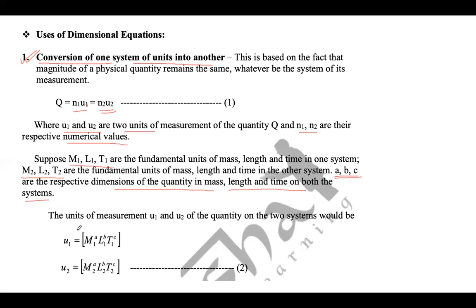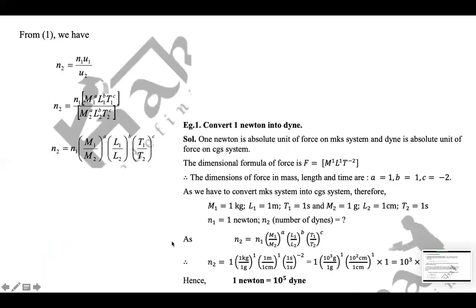The units of measurement U1 and U2 of the quantity on the two systems would be: U1 is M1^a, L1^b, T1^c, and U2 is M2^a, L2^b, and T2^c. So these are the two units of measurement. Now, if we have to find the numeric value, the conversion value N2, then that will be equal to N1 into U1 divided by U2.